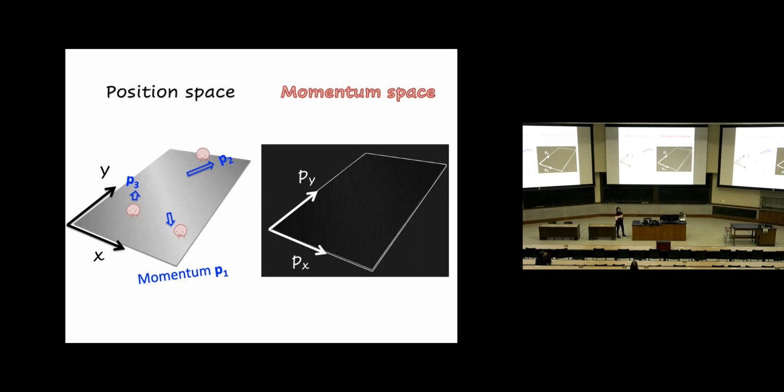But actually, it's not very mysterious. All I'm doing is really reorganizing these electrons with different momenta onto this space. So for instance, this electron moving at momentum P1, I'm going to put it here. And this electron moving at P2, I'm going to put it here. And the P3 one is going to be put here. So that's all I mean.